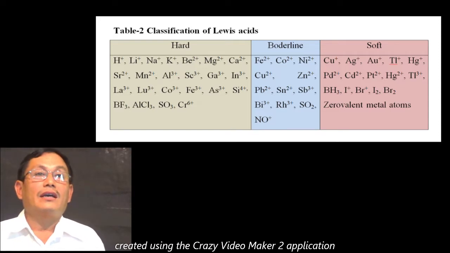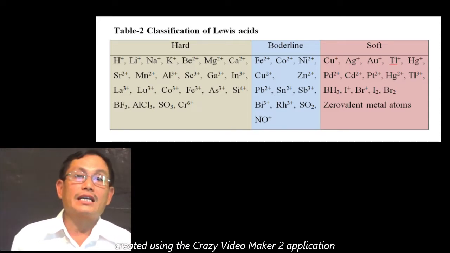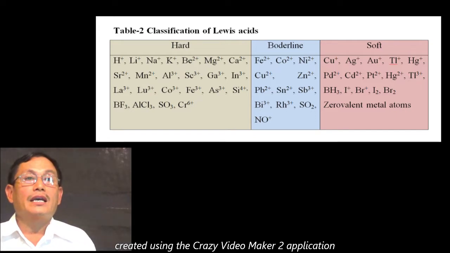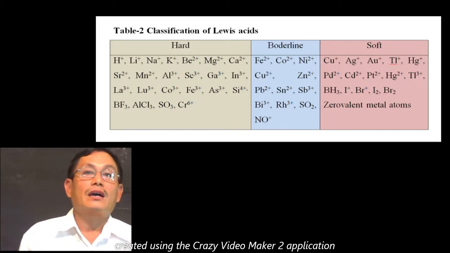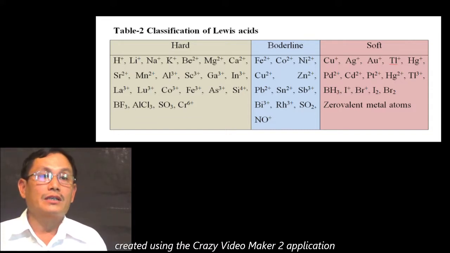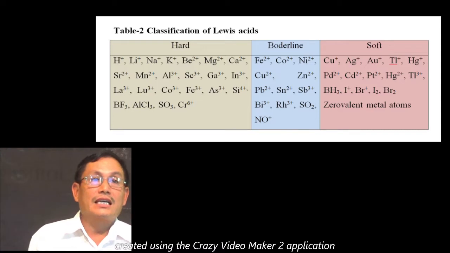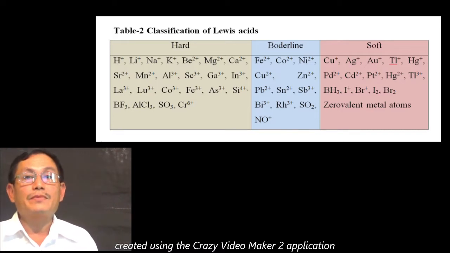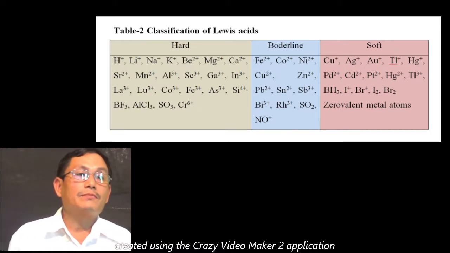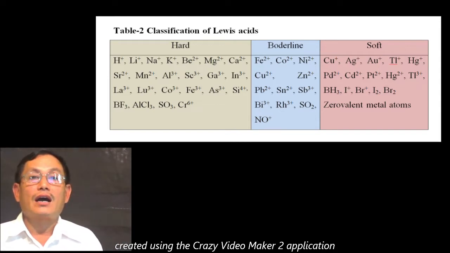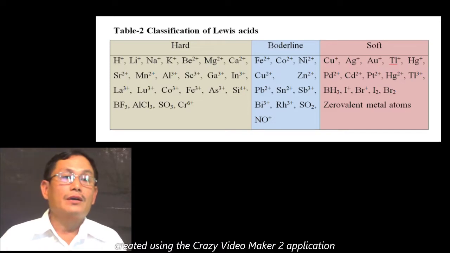Borderline acids: Fe2 plus, Co2 plus, Ni2 plus, Cu2 plus, Zn2 plus, Pb2 plus, Sn2 plus, Sb3 plus, Bi3 plus, RH3 plus, SO2, NO plus. Soft acids: Cu plus, Ag plus, Au plus, Tl plus, Hg plus, Pd2 plus, Cd2 plus, Pt2 plus, Hg2 plus, Tl3 plus, BH3, I plus, Br plus, I2, Br2.